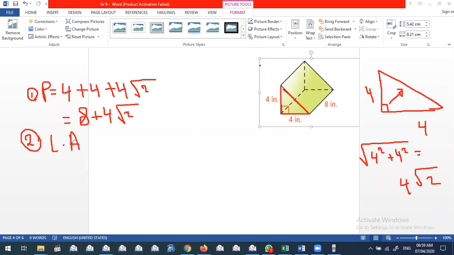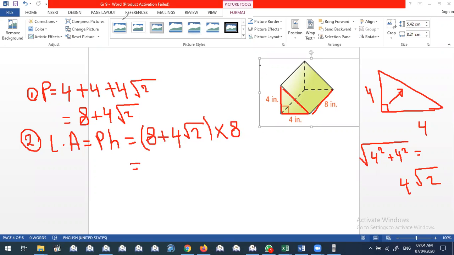Lateral area equals PH, perimeter of the base times the height. So the perimeter of the base here is 8 plus 4 square root 2. Don't forget to put it inside the bracket, times the height. The height here is 8.